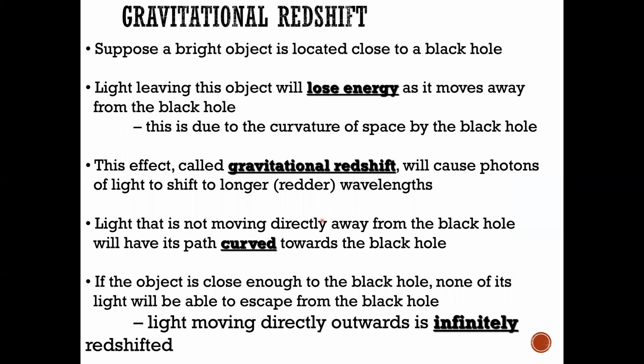Then the second one is gravitational redshift. The first one was gravitational time dilation, where time gets slow due to the curvature of space. Now the next one is gravitational redshift. Remember that we have talked about redshift before, called Doppler redshift. This one is gravitational redshift.